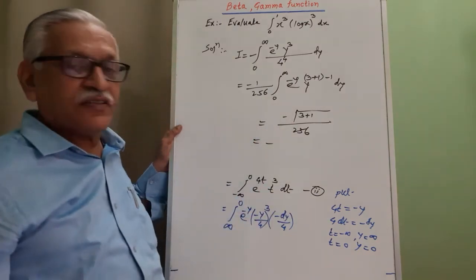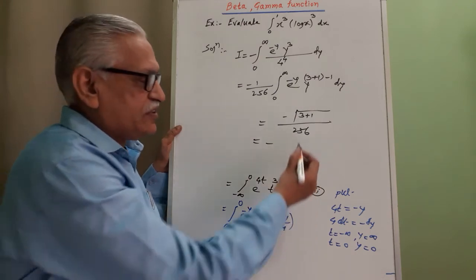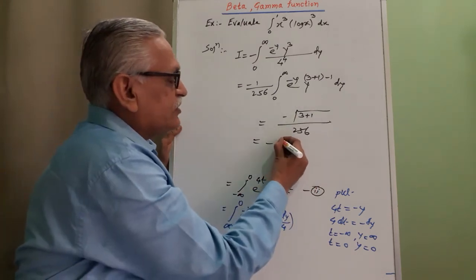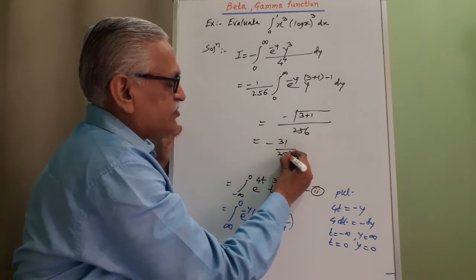Therefore it is minus gamma of n plus 1, where n is 3, a positive integer, and whenever it is a positive integer its value is n factorial, divided by 256.